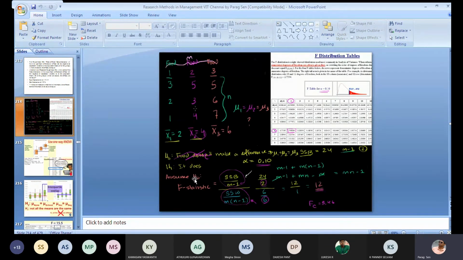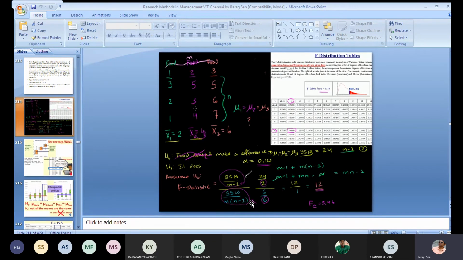You will be calculating the F statistic, which is given by the sum of square between divided by its degrees of freedom, m minus 1, over the sum of square within divided by its degrees of freedom, because you are comparing these two variances.